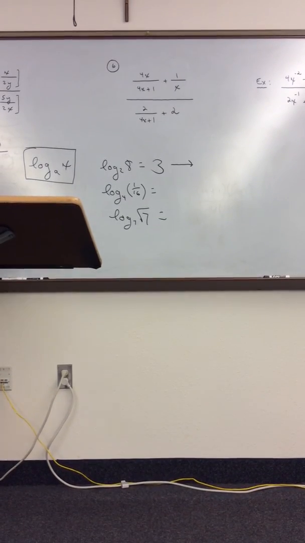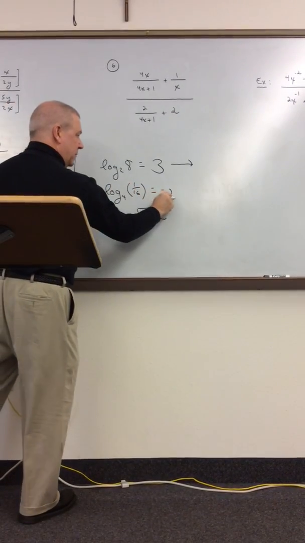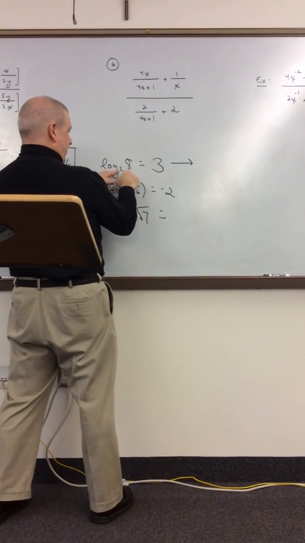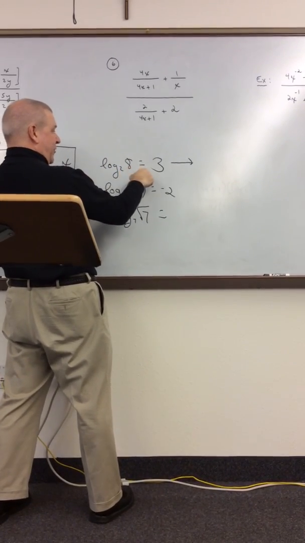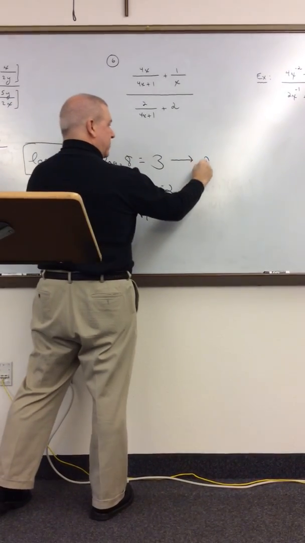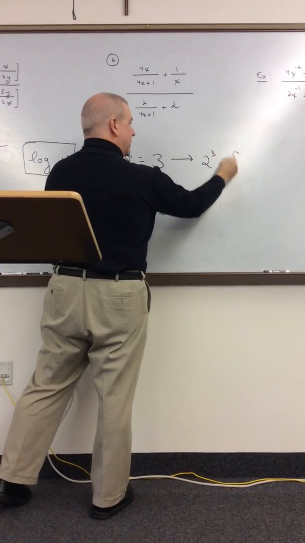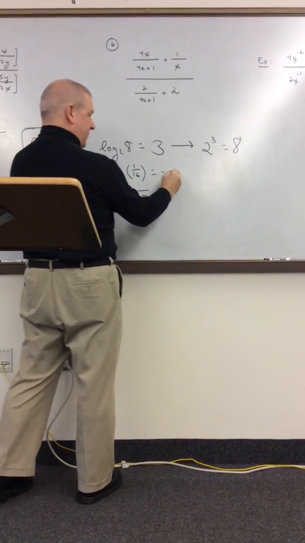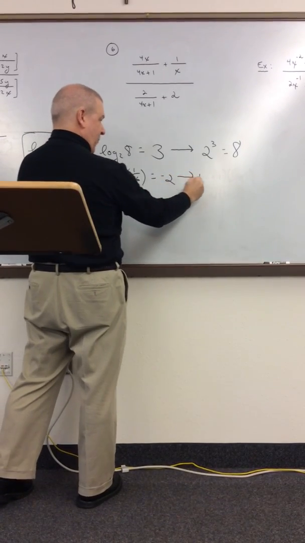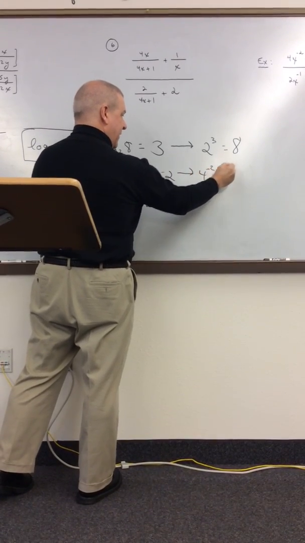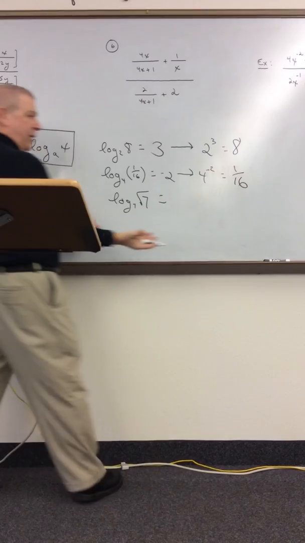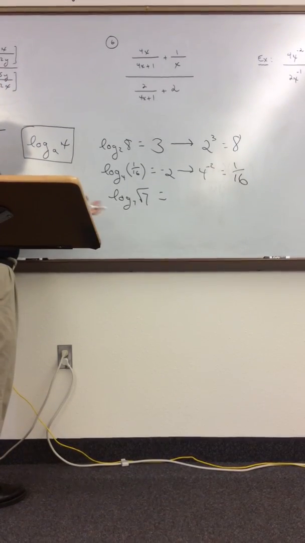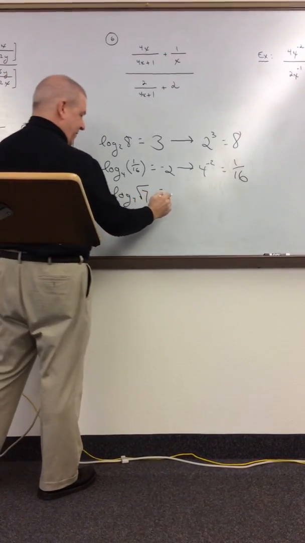Ethan: -2. Now, the log of 8 to the base 2 is 3. Why? Because 2 cubed is 8. Why is this? What's the reason? Because 4 to the negative second equals 1/16. You see all I'm doing here? I'm just converting from one form to the other.